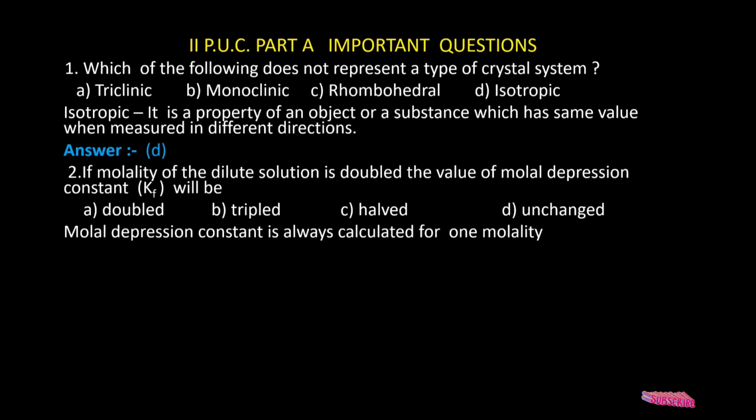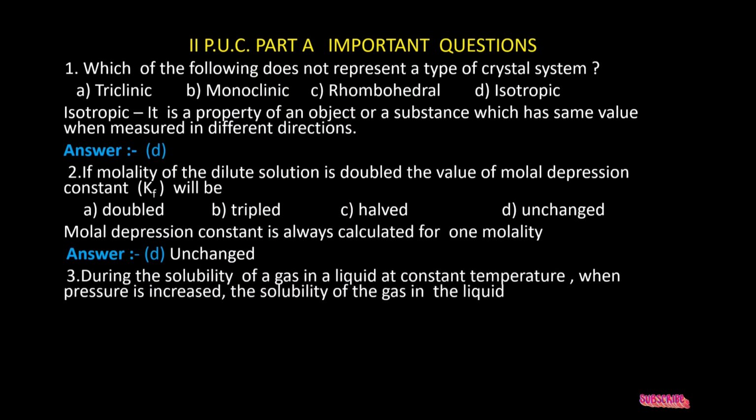So 1 molality means 1 mole of substance in 1 kg of the solvent. So therefore 1 mole of the substance is always constant. Hence the molar depression constant will also be the same, that is it remains unchanged. So the correct option is option D, that is unchanged.